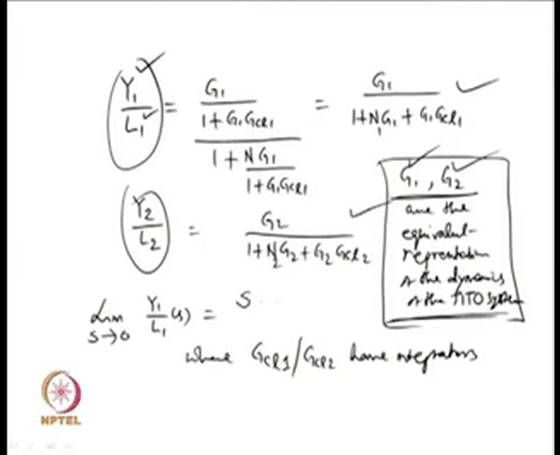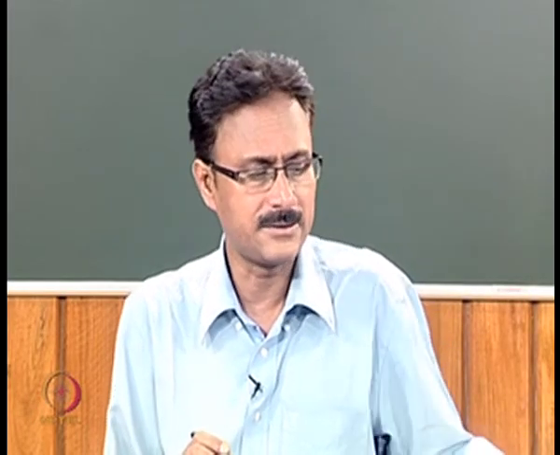So, ultimately it will be s times G2 upon 1 plus N2 G2 plus G2 G_CL2. When s tends to 0, the whole term becomes 0, and that is how the effects of the load disturbances L1 and L2 are nullified in the output of the system. So, the limit cycle experiment or the relay feedback experiment will not be disturbed by the presence of static load disturbances. This is the major benefit you get from the online identification scheme.